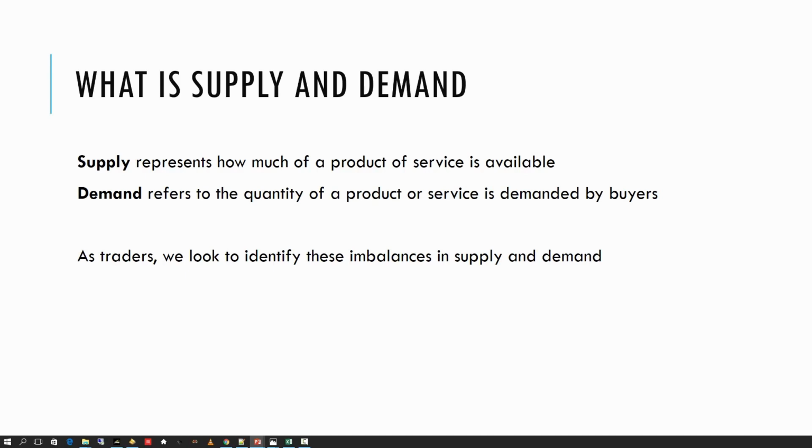So if you have a product or a service that is in high demand, this will generally cause the price to increase. The opposite applies for supply. If you have a great and increasing supply of a product or service, this will generally bring the price down. And as traders, we are looking to identify these imbalances in supply and demand and capitalize on them.